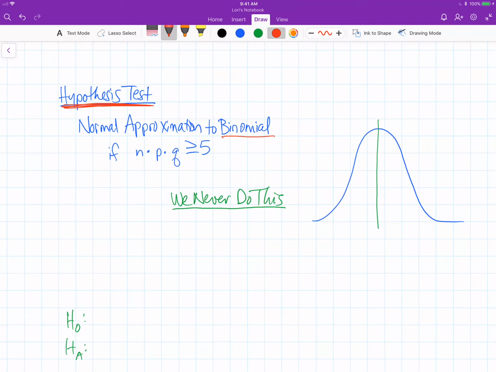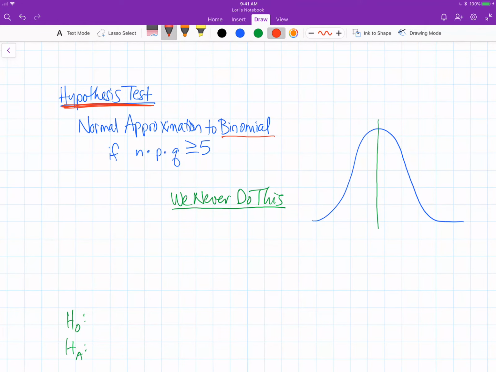In other words, our question is, are you a smoker or not a smoker? It's not a continuous variable, but because it's this type of average, we can treat it that way when we're doing some kind of hypothesis test.